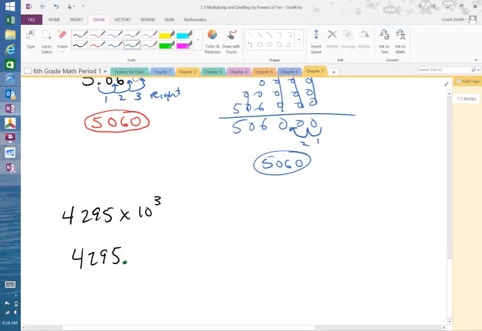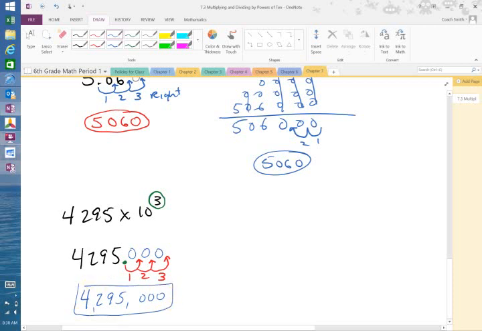Now, I have an exponent of 3, so I have to move it once, twice, 3 times. I fill in zeros, and there happen to be 3 zeros. And so, therefore, $4,295,000.